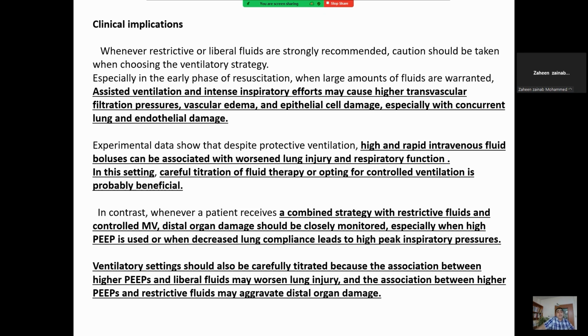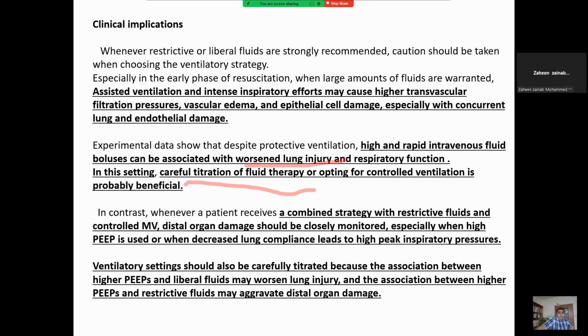Experimental data show that despite protective ventilation, high and rapid intravenous fluid boluses can be associated with worse lung injury and respiratory function. In this setting, careful titration of fluid therapy or opting for controlled ventilation is probably beneficial.